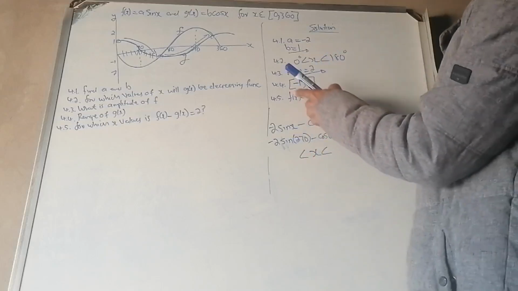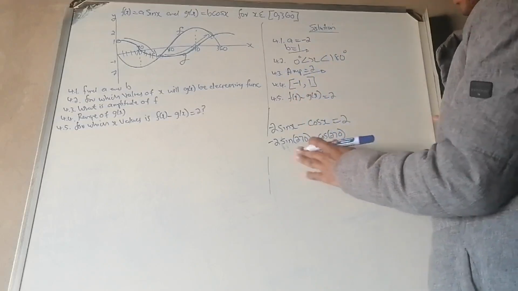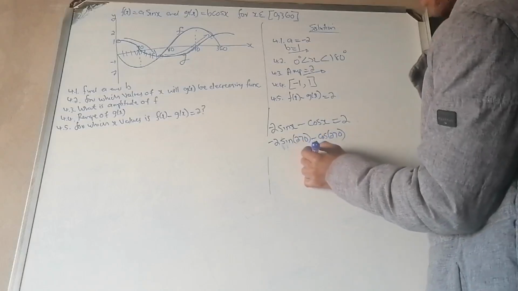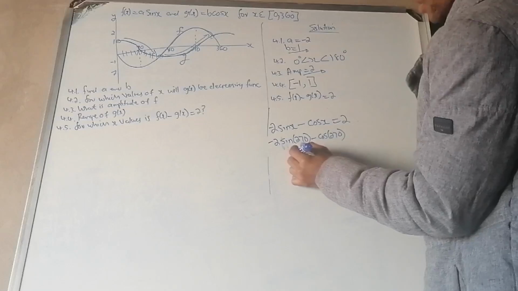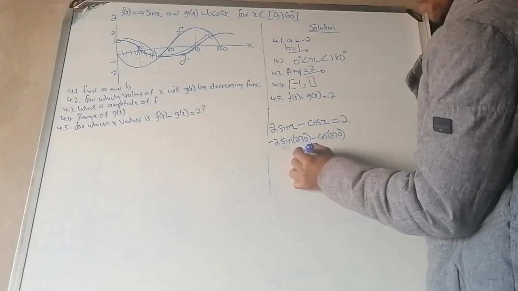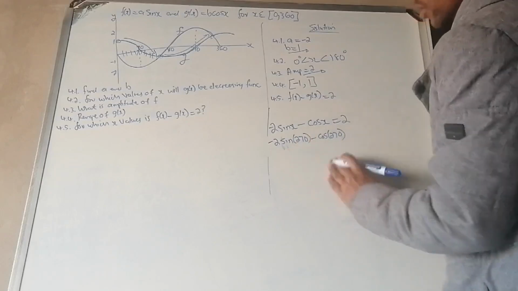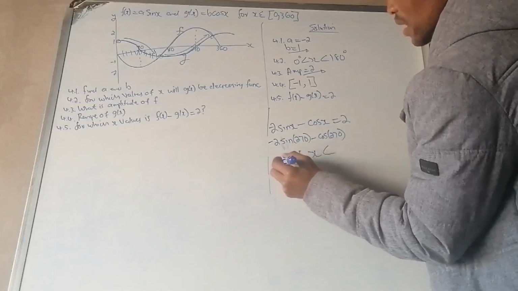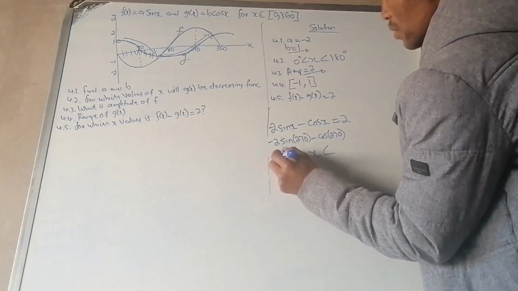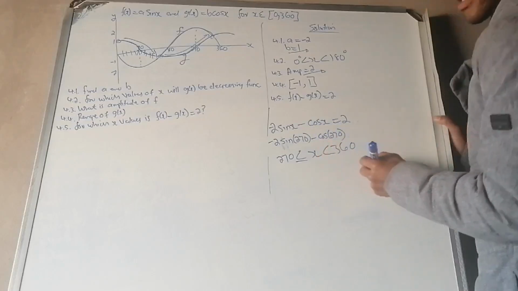But therefore which values of x will f at x minus g at x equal 2? It will be equal to that when the value of x is greater, in fact, x must be greater or equal to 270 and less than 360.